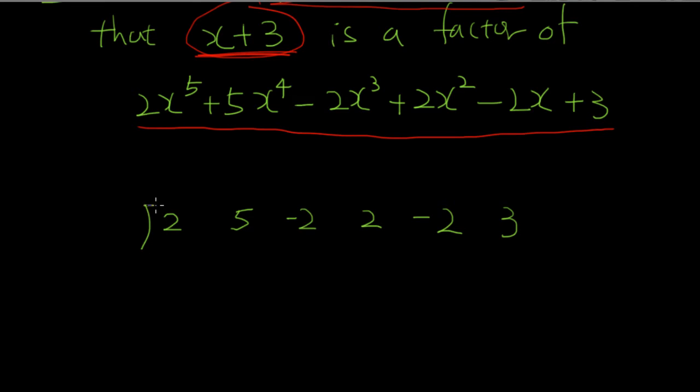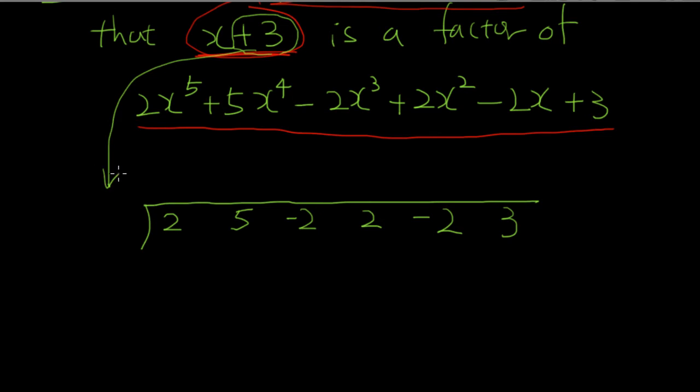And we're going to divide this by what? Remember this 3 right here, then we're going to put it here. But when we put this 3, what do we do? We switch the sign. This was a plus 3, so now this becomes negative 3. Just like that. Negative 3.